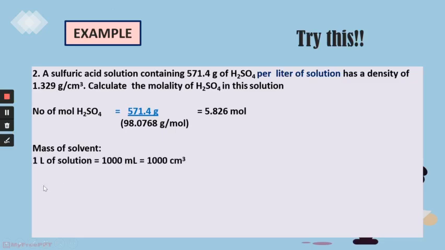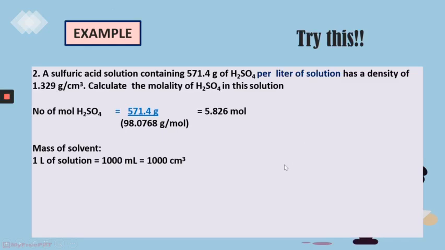How to calculate mass of solution? From the density given, 1.329 gram per cm cube. The sulfuric acid is given per liter of solution, so the volume of solution is given in unit liter.